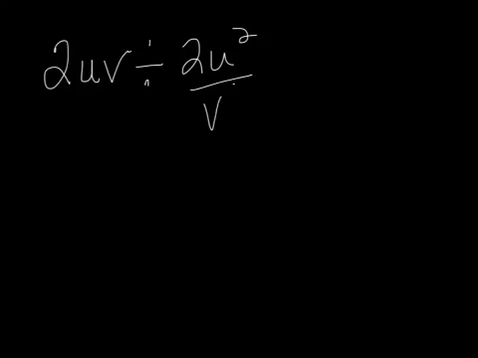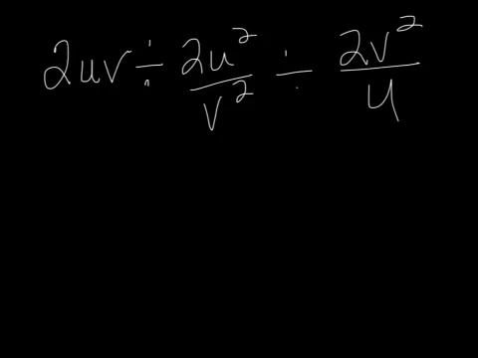Okay, now let's look at some more problems. Remember, we still have to factor if possible. Let's look at this problem. If we have 2uv divided by 2u squared over v divided by 2v squared over u.